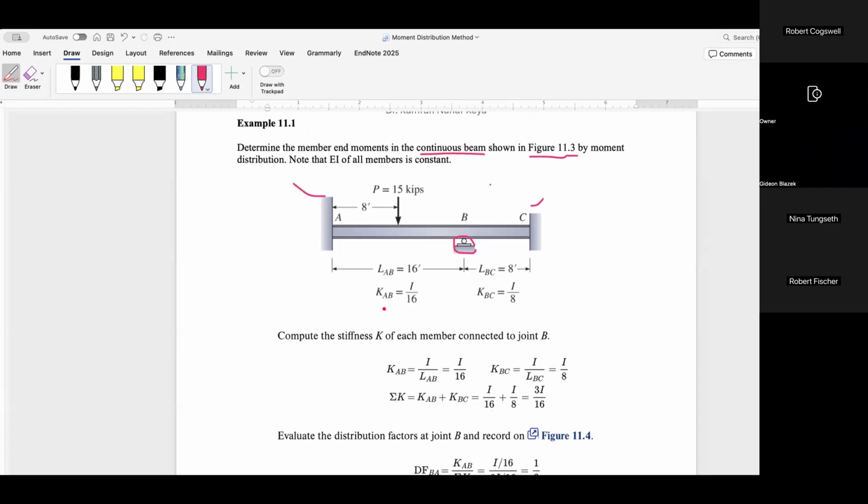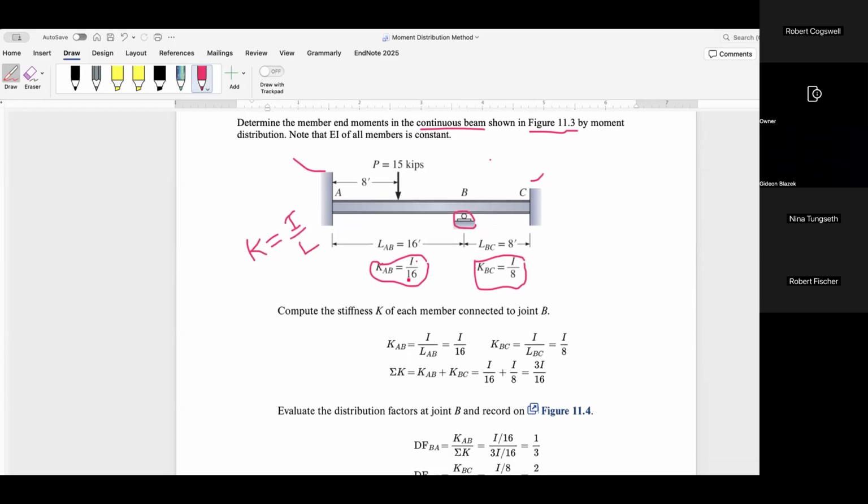So first thing we have to do is compute their stiffness. Stiffness is given by I, the moment of inertia, divided by length. If it's not written in any math, you need to compute stiffness K = I/L. Make sense?